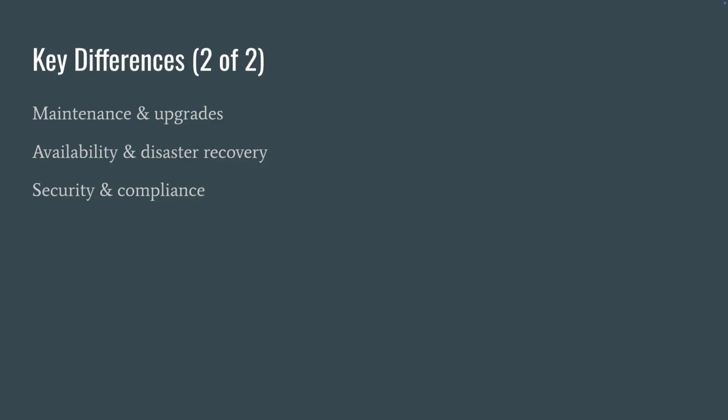This means disaster recovery can be significantly simpler because you can just replicate your data to another region. However, on-premise databases require careful planning and a secondary data center if you want to have a robust disaster recovery.